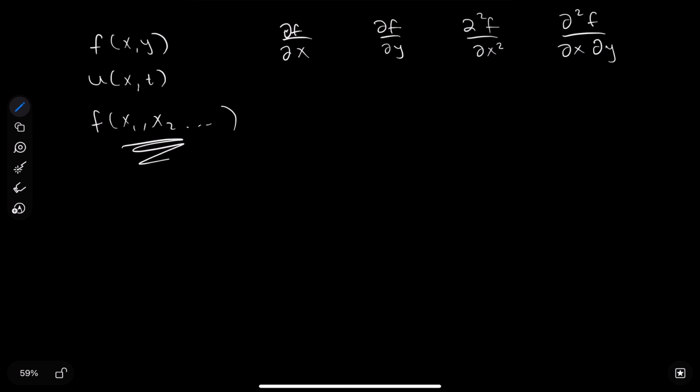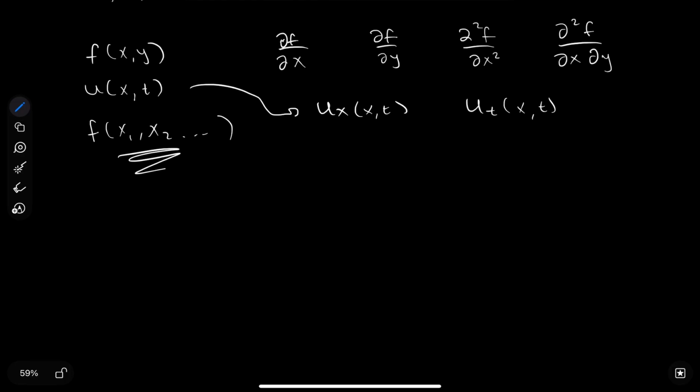Now, another way you can do it, which personally I prefer, is if you want to take the partial derivative of u with respect to x, I always just write u sub x. You can add in the x, t, but as long as it's specified somewhere, you don't really need to. Or you could take the derivative with respect to time.